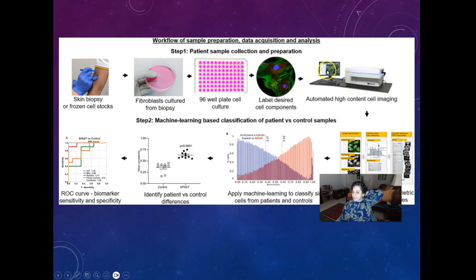We can observe them as they divide, as they go through their everyday functions. We can use that information to look for proteins and expression patterns that are different compared to normal, and then utilize that information to develop targeted therapies or to look for clinical markers as well.